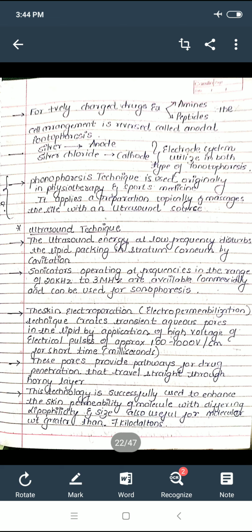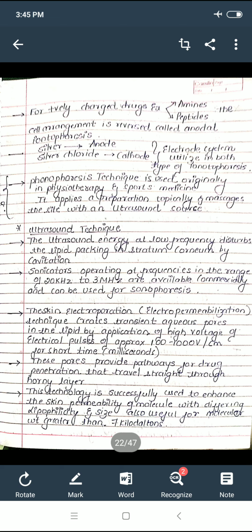The skin electroporation, that is electropermeabilization technique, creates transient aqueous pores in the lipid by application of high voltage electric pulses of approximately 100 to 1000 volts per centimeter for a short period of time, that is within milliseconds.